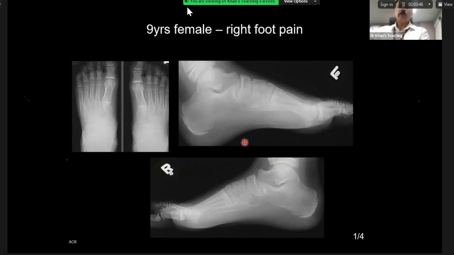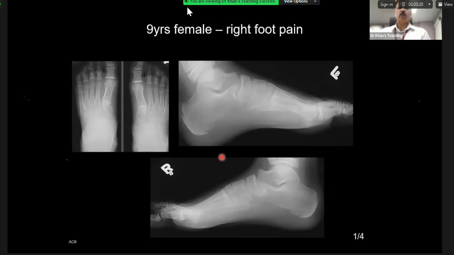Let me elaborate for the audience that if you see here, this is the talus and this is the navicular, and this is the talus and this is the navicular, and this has been picked up here. Something is there, we call it talar beaking. Now your inference, candidate 16, is that there is some sort of congenital abnormality.